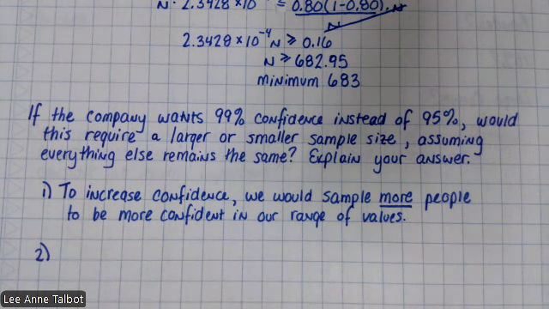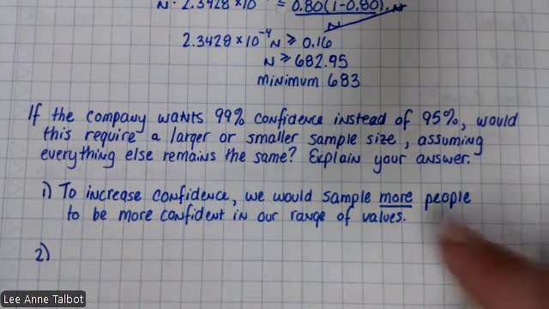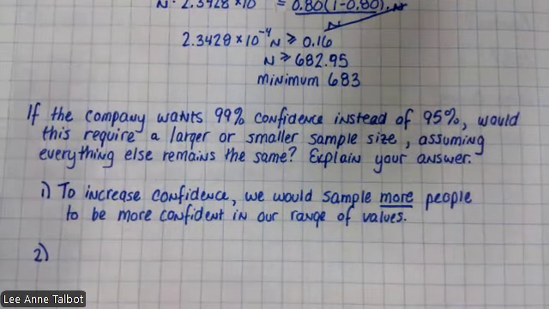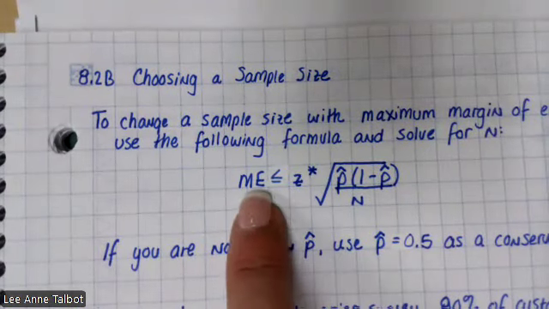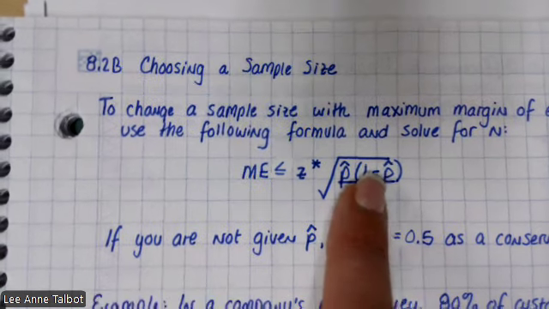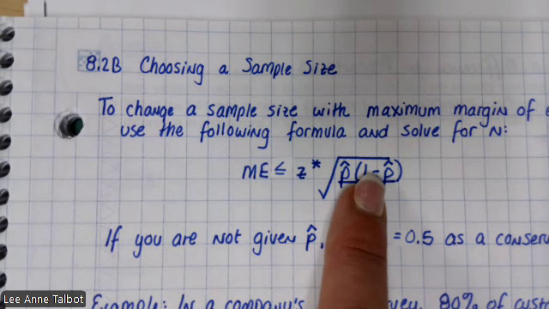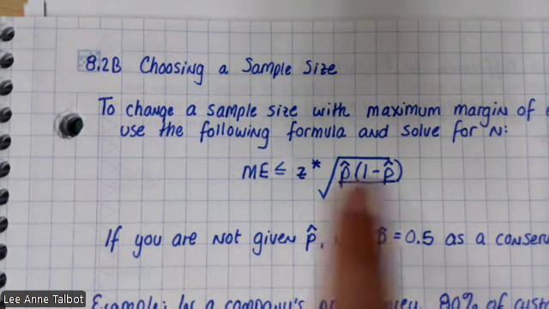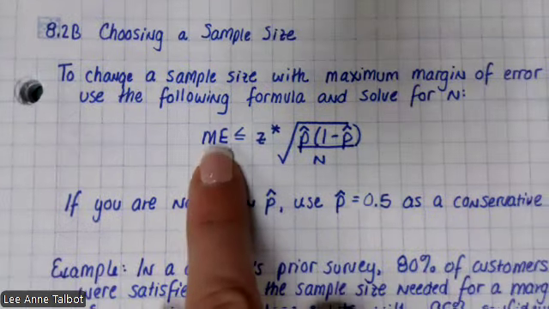Okay, now we're going to talk about the math answer. So if you could scroll up on your paper to the top of the page where the formula is. There's three things here. Which one of these three things has to do with the confidence level?